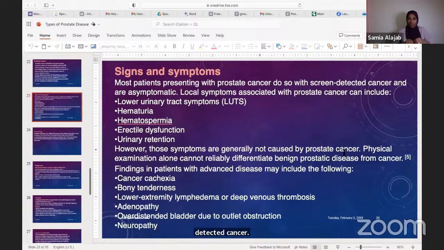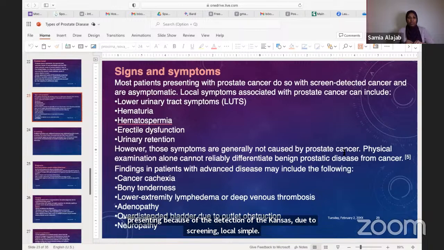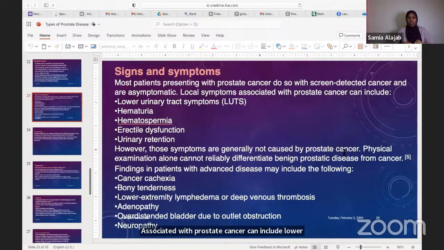Local symptoms associated with prostate cancer can include lower urinary tract symptoms, hematuria, hematospermia, erectile dysfunction, and urinary retention. However, these symptoms are generally not caused by prostate cancer itself. Physical examination alone cannot reliably differentiate benign prostatic hyperplasia from cancer.